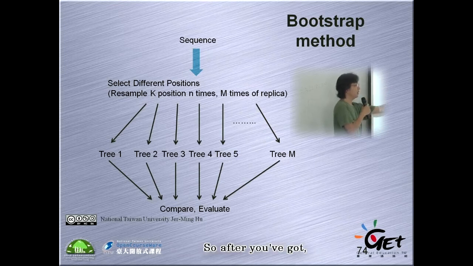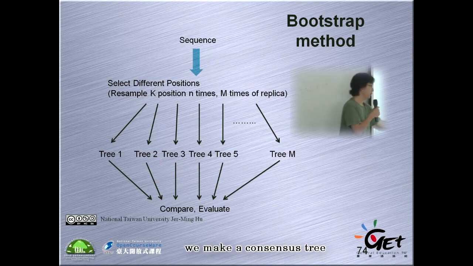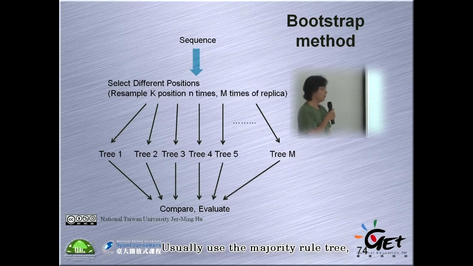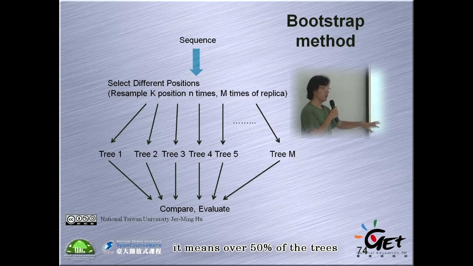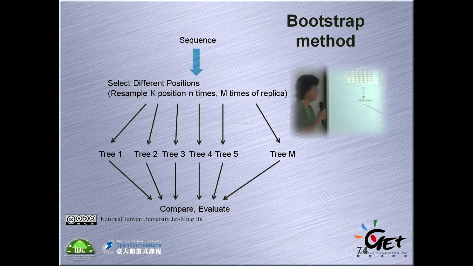So after you get, for example, 1,000 trees out of those new replicates, we make a consensus tree out of it. And you usually use the majority rule tree, which means that over 50% of the trees will be marked and made into a consensus in a new tree.